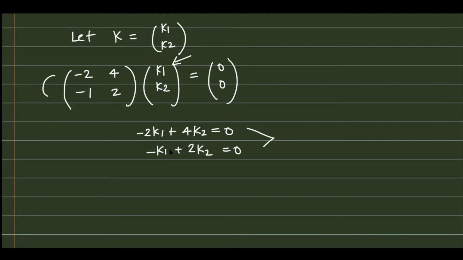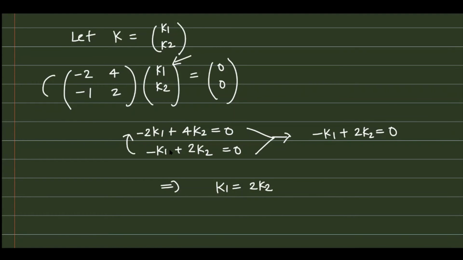So in effect we have only one equation, minus k1 plus 2k2 equal to 0, because the first equation is a multiple of the second one. This implies k1 is equal to 2k2.